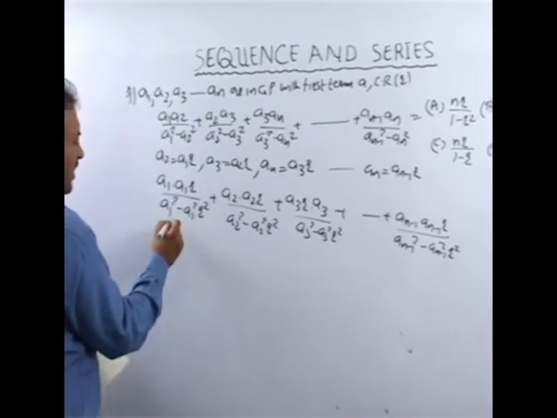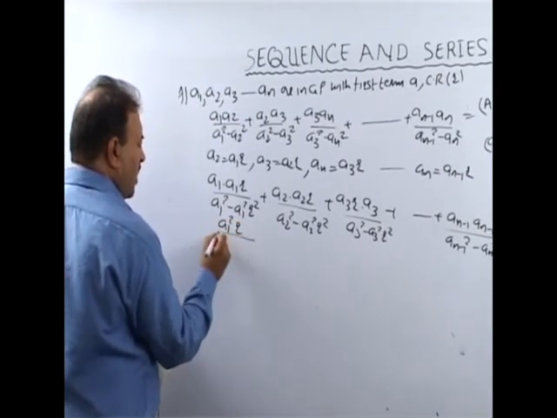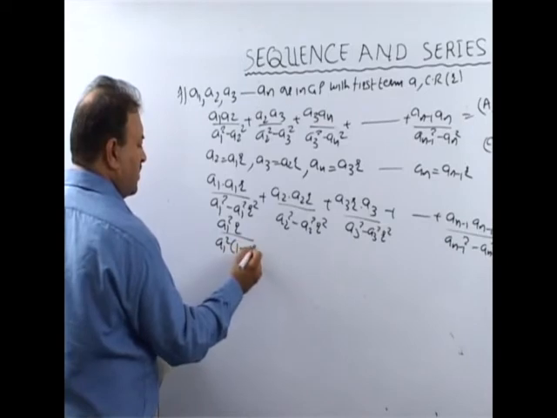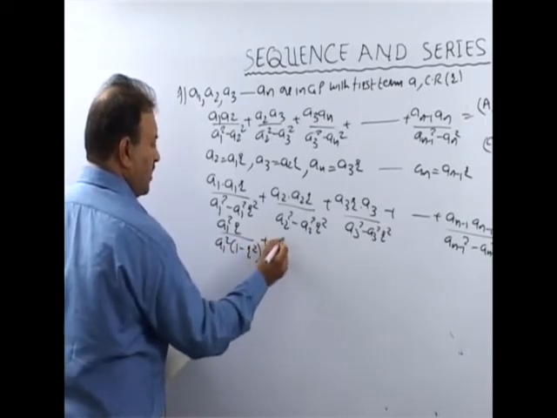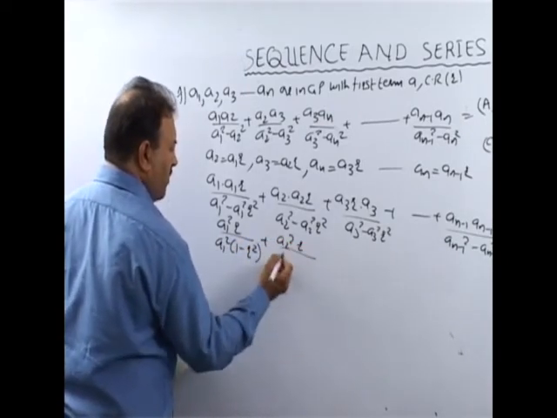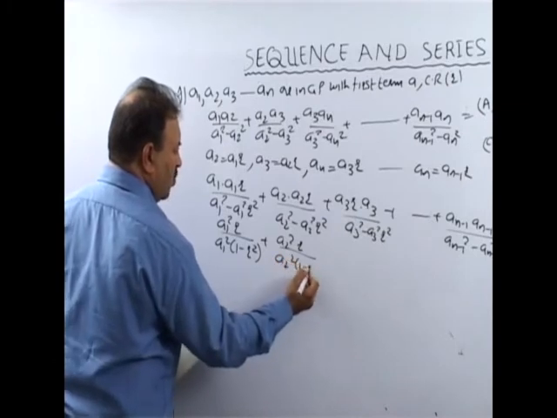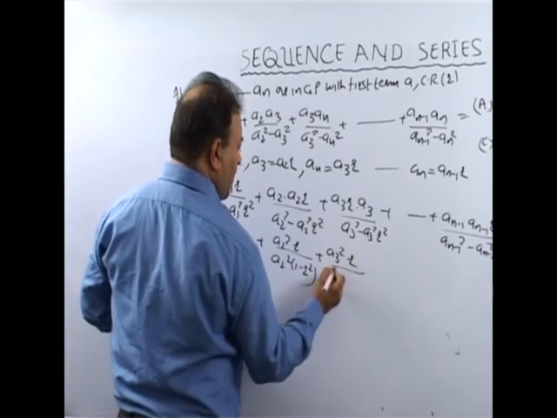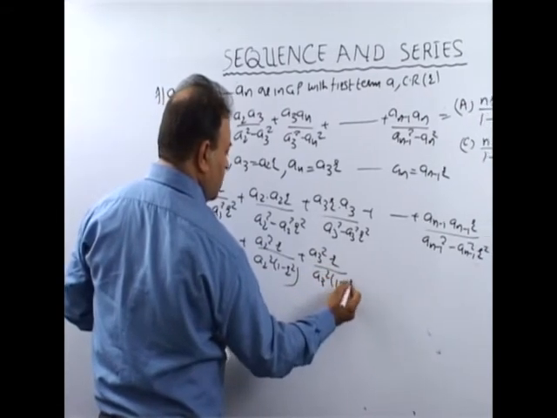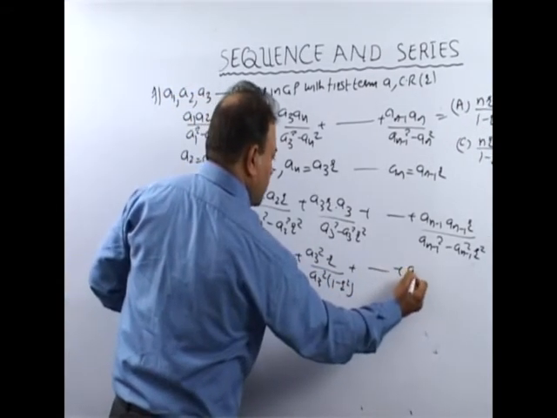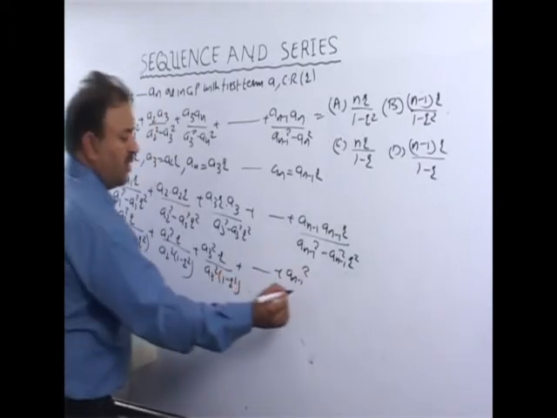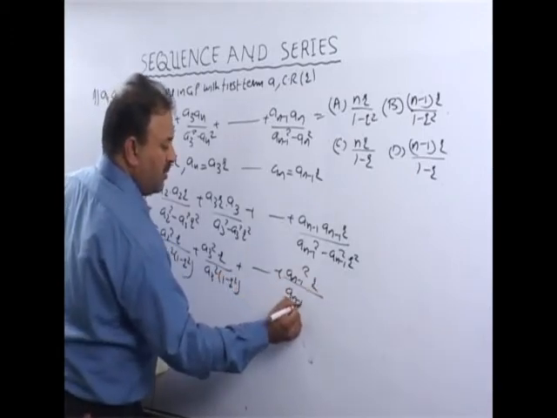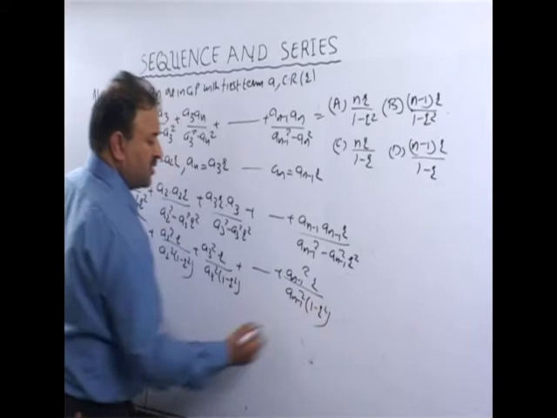From here we take common terms. From the denominator, A1 square is common: A1 square R upon A1 square into 1 minus R square, plus A2 square into R upon A2 square into 1 minus R square, plus A3 square into R upon A3 square into 1 minus R square, up to A(N-1) the whole square into R upon A(N-1) the whole square into 1 minus R square.